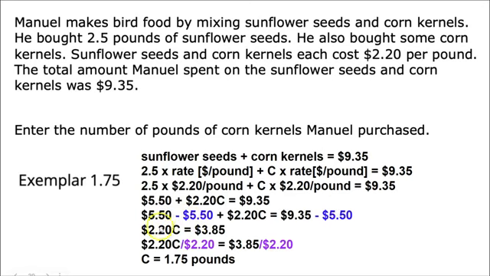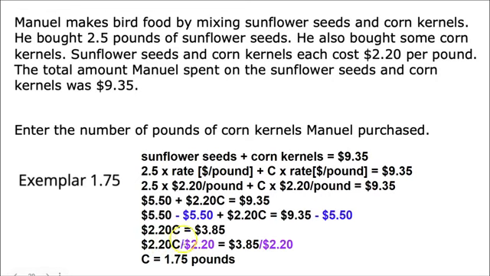And then from there, $5.50 gets canceled out and you're left with $2.20 times whatever the pound amount of corn kernels, and that equals $3.85. Now we got to get C by itself. And we got to do the reciprocal. Since it's being times by $2.20, we have to divide by $2.20.